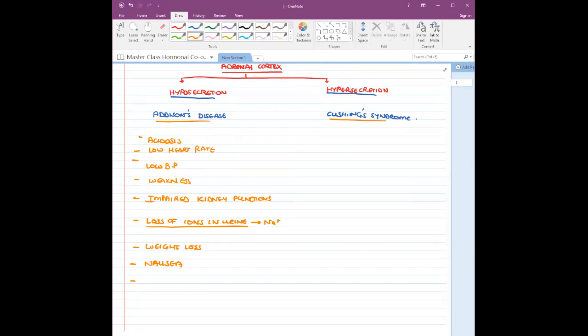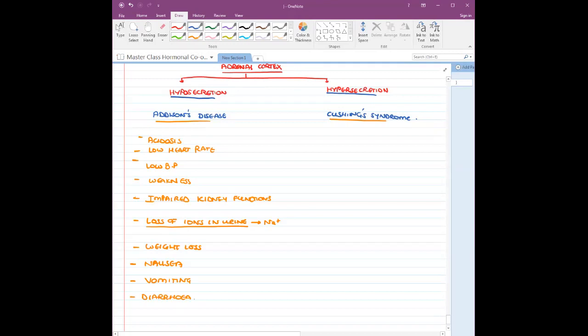At that time you will feel like, no, now I don't want to eat anything. That feeling is called nausea, where you don't wish to have anything. Then this is also going to result into vomiting and finally diarrhea. So these are some of the important points that you're going to encounter in Addison's disease.